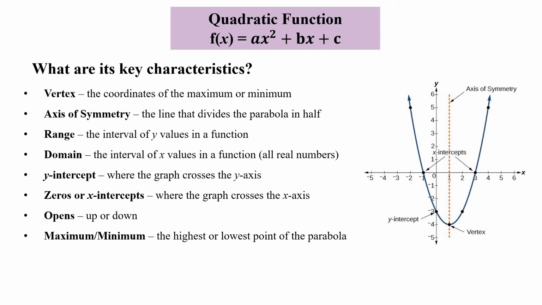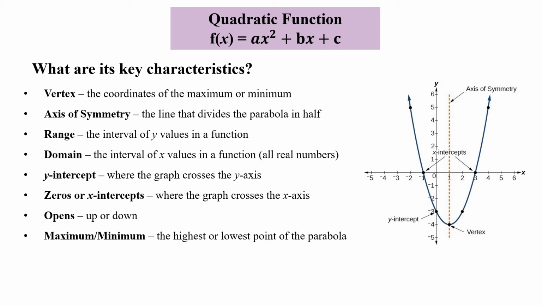The vertex is the coordinate of the maximum or the minimum. So this point right here is known as the vertex. And it is the minimum point of the graph, which means that that is the lowest that that graph can get.